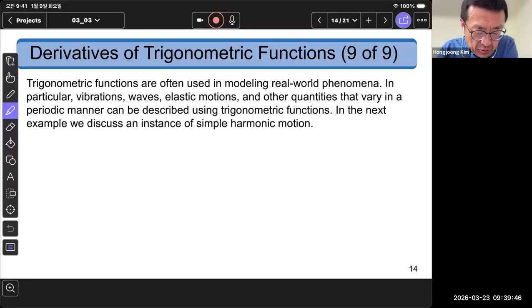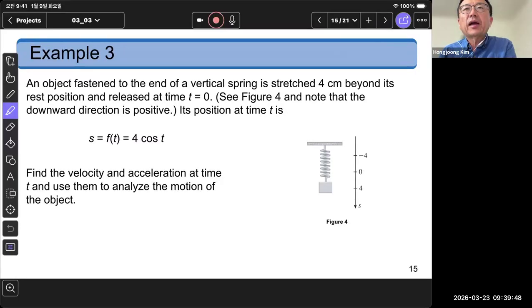So we just considered this example. Suppose that I have some function f of t defined by 4 cosine t. And I have a lengthy statement describing some situation which occurs in physics or engineering.